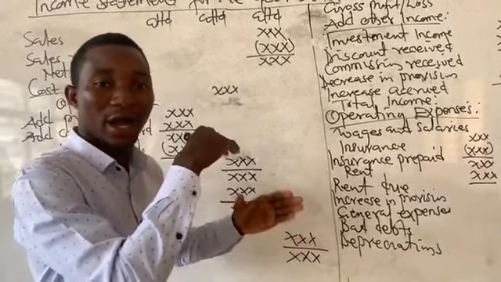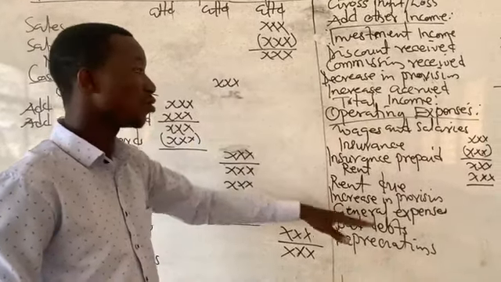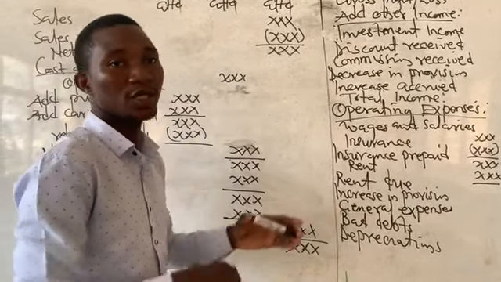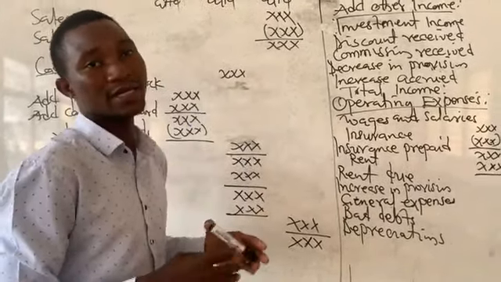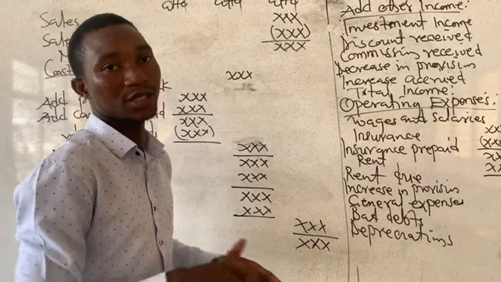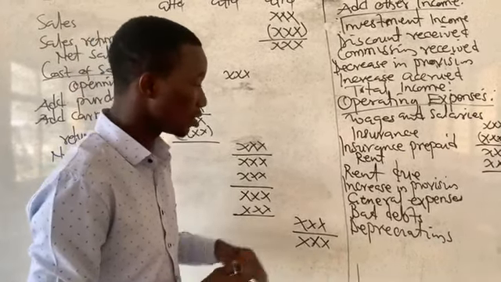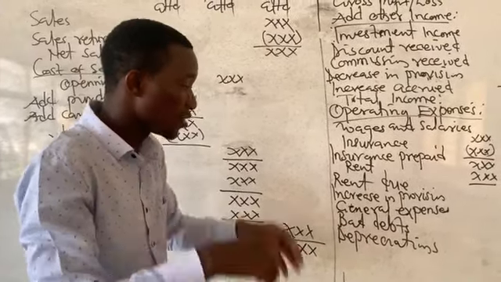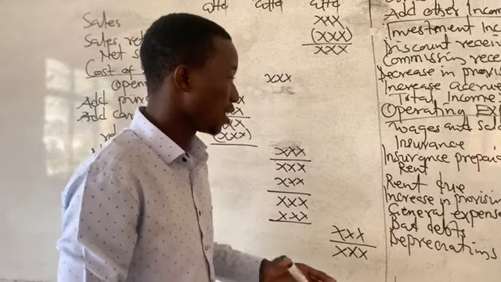But the accumulated depreciation or the provision for depreciation in the trial balance won't be treated as an expense. It will only be treated as an accumulated depreciation and taken from the cost of the asset in the statement of financial position to get your carrying amount or the net book value. So the depreciation I'm talking about is the depreciation for the year, the current depreciation that is found in the additional information.